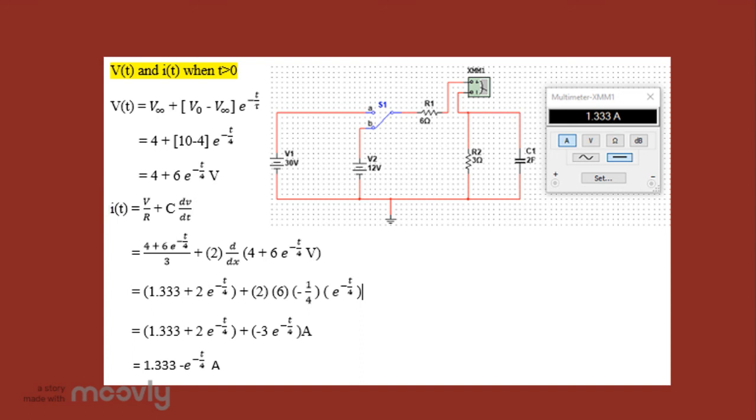Then we substitute the values into the equation and differentiate, and finally we get the answer: negative 1.333 e to the power of negative t/4 amperes.